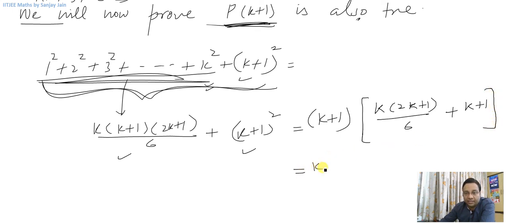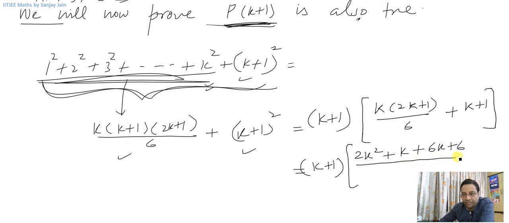And then I can write it as (k+1) times (2k squared plus k plus 6k plus 6) divided by 6.